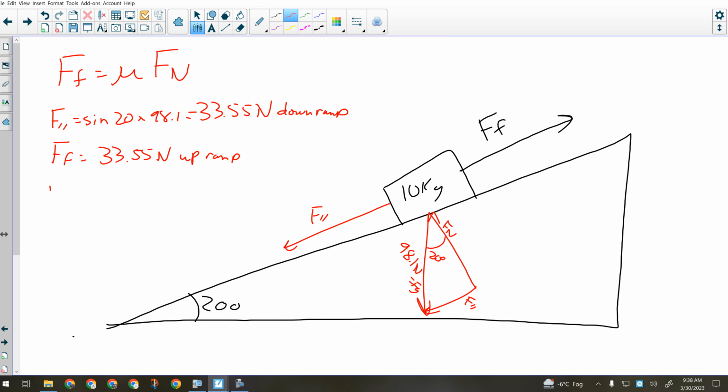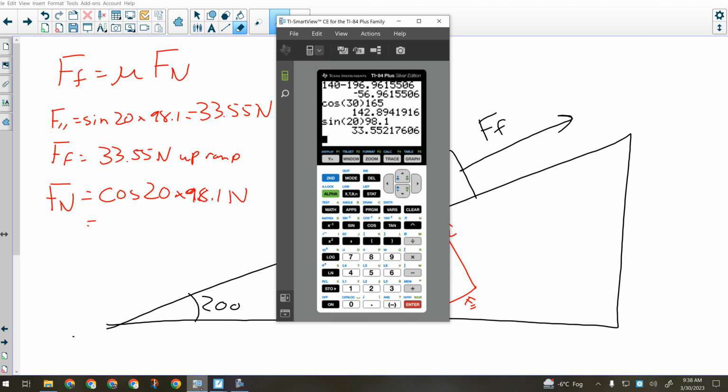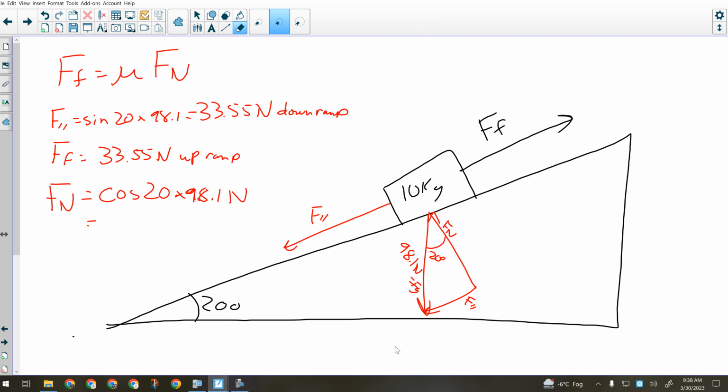All right, the other force I need is the normal force, which is the adjacent side of this triangle, so that's going to be the cos of 20 times 98.1. 92.18.